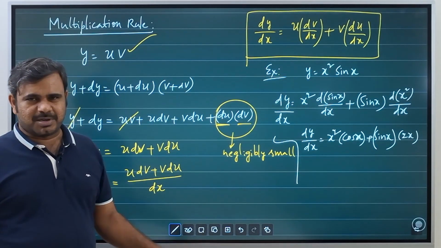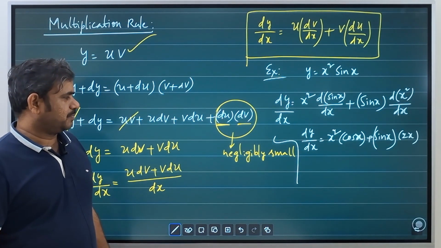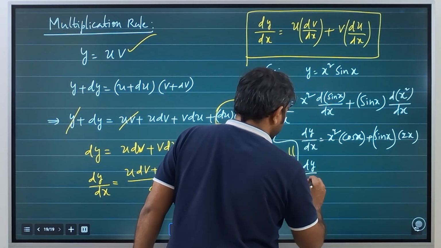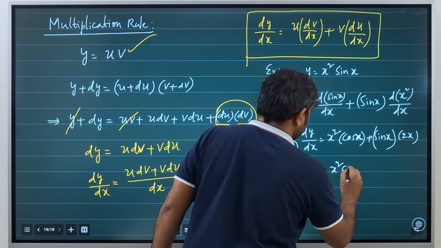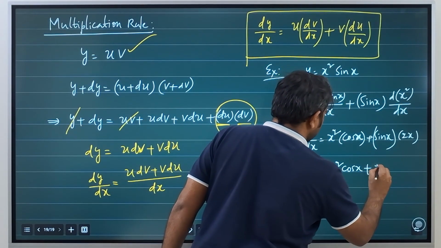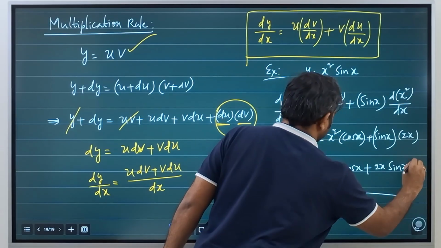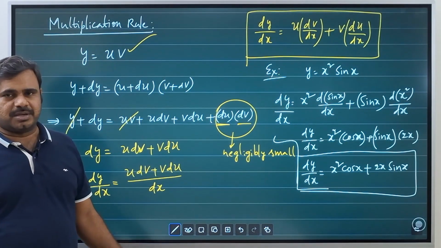So d x square by dx, apply x to the power of n formula, you will get 2x. So we calculated dy by dx here. So dy by dx is equal to x square cos x plus 2x sin x. This is how we calculate dy by dx using multiplication rule.